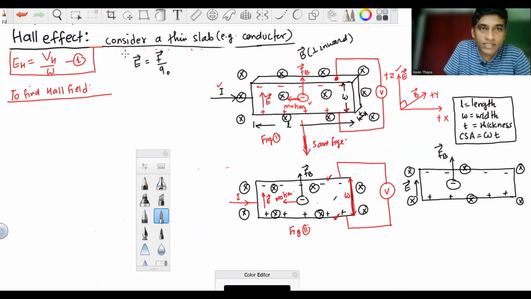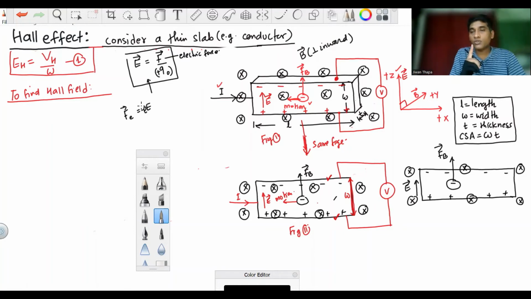Clear? We have studied this in electrostatics. This is the electric force experienced by a positive test charge. Now for an electron, we can write this relation this way: the electric force experienced by the electron equals minus e, the charge on a single electron, times the electric field.